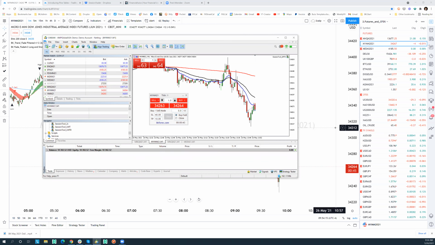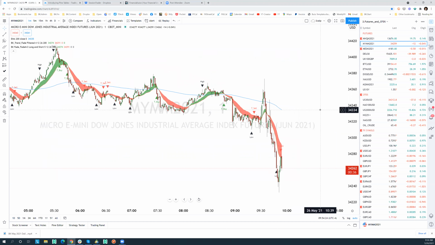And there we go. So I took one incorrect trade and one correct trade. Of course, the correct trade worked much faster than the incorrect trade, but it was good for 20 points on a round trip.